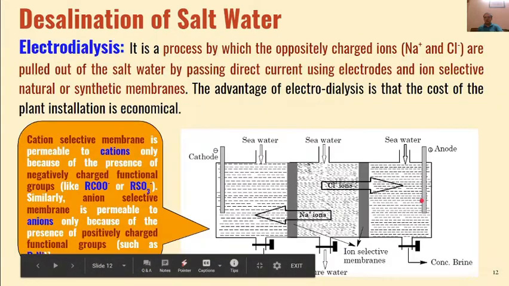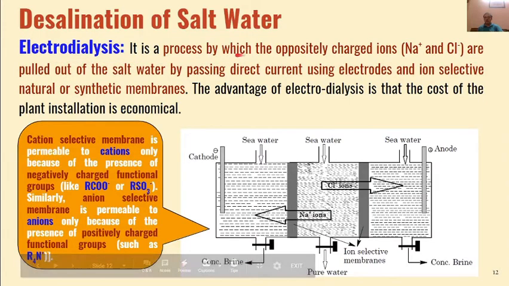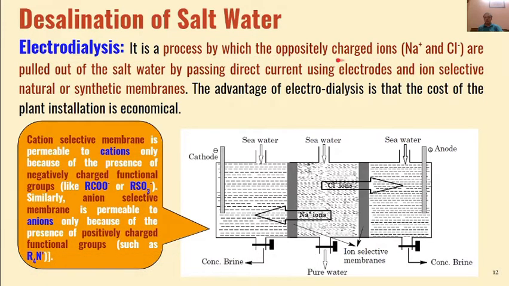Electrodialysis is a process by which oppositely charged ions are pulled out of the salt water by passing direct current using electrodes and ion selective natural or synthetic membranes. The advantage of electrodialysis is that the cost of plant installation is very less.